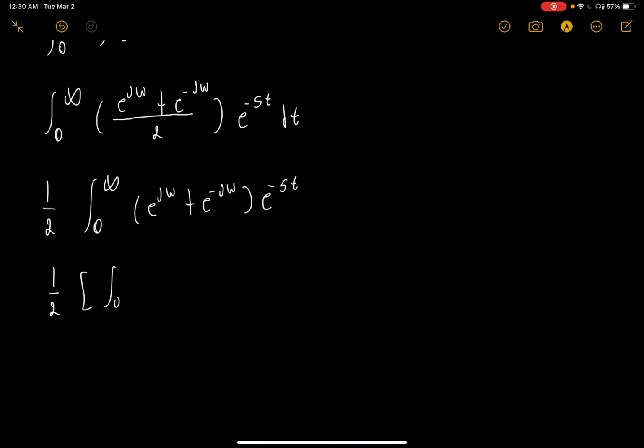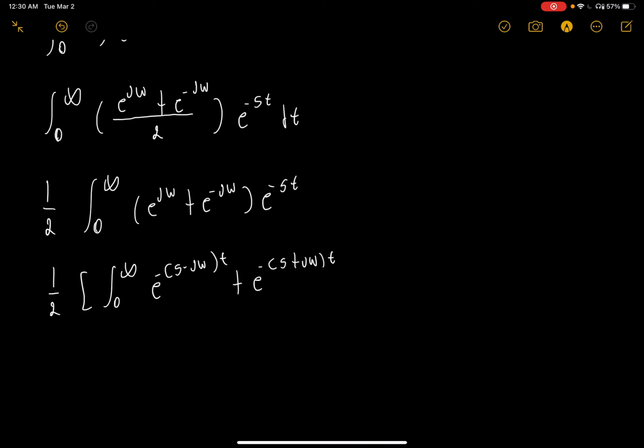So go ahead and rewrite this as e to the negative s minus j omega t, plus e to the negative s plus j omega t.